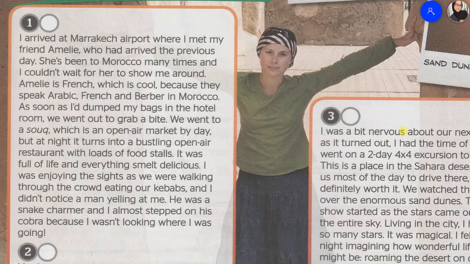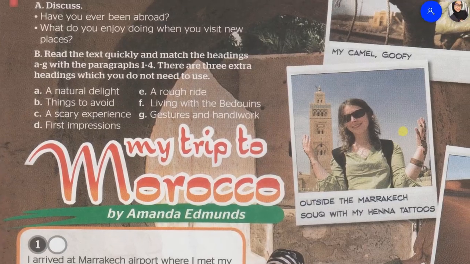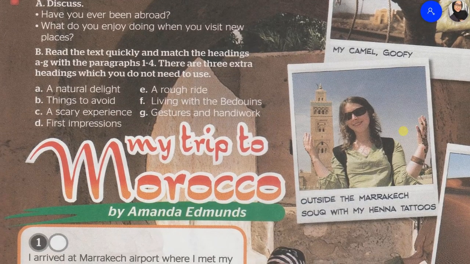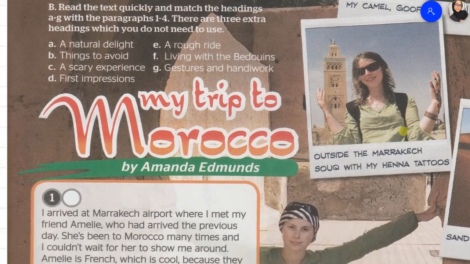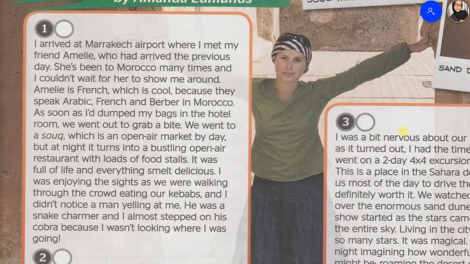Okay, now, which headings in B do you think best describe the first paragraph? So in the first paragraph, she talked about how she first arrived in Marrakesh, and then how she met Emily, and how she described what she saw the first time she landed in Marrakesh.